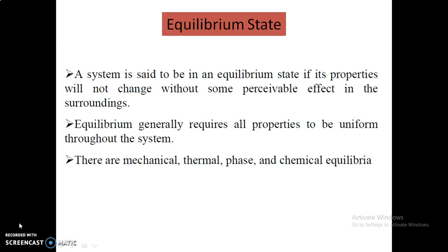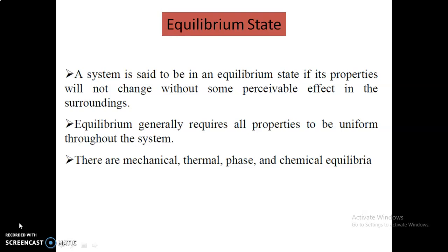If there is no change in the system itself according to a change in the surroundings, then we call the system to be in an equilibrium state. A system is said to be in an equilibrium state if its properties will not change without some perceptible effect in the surroundings.